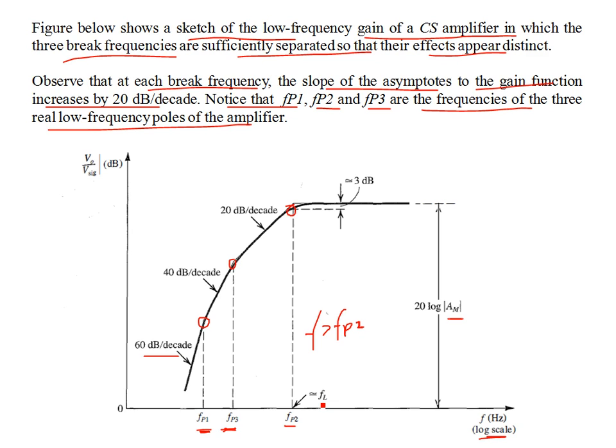Thereafter, the other breakpoints each add 20 dB per decade, so the roll-off increases at each breakpoint. The other breakpoints are about 5 to 10 times lower than FP2, the dominant corner frequency of the low frequency transfer function of the MOSFET.